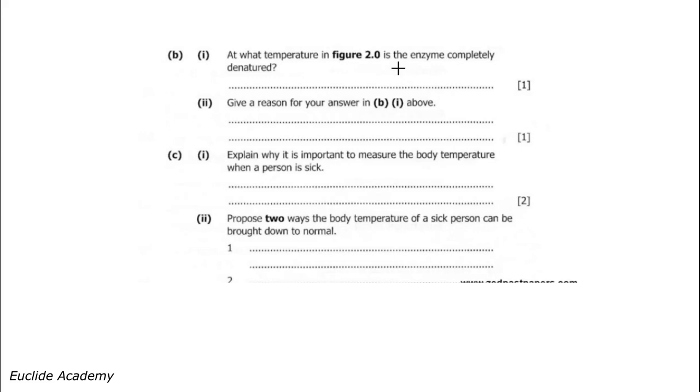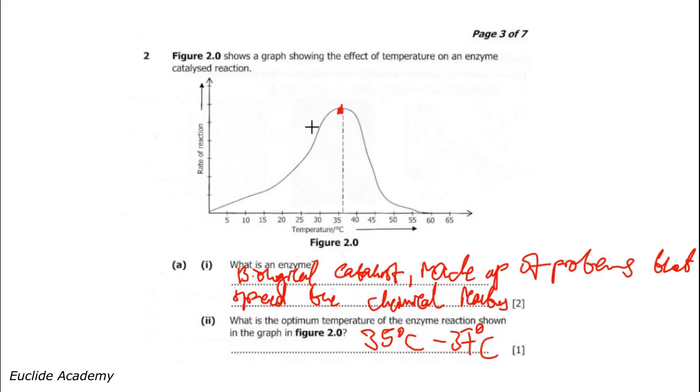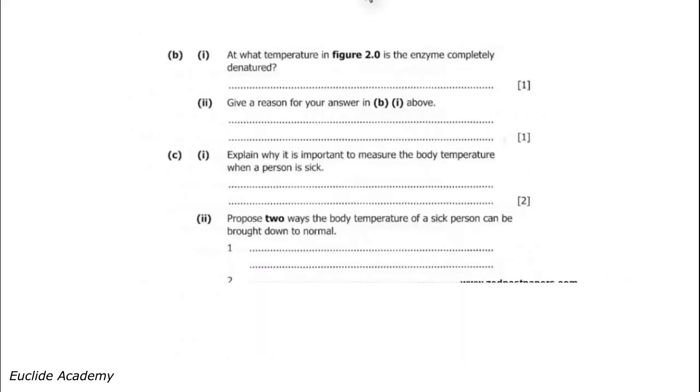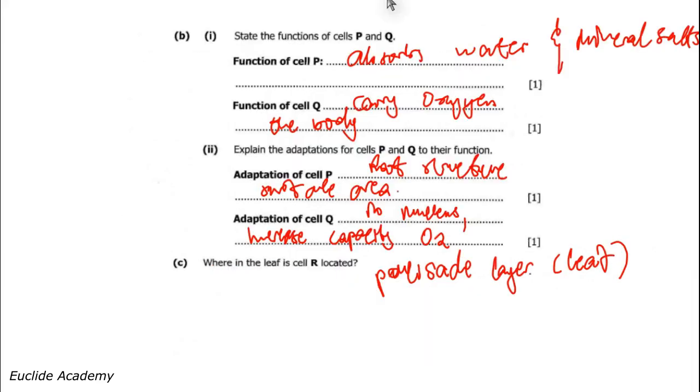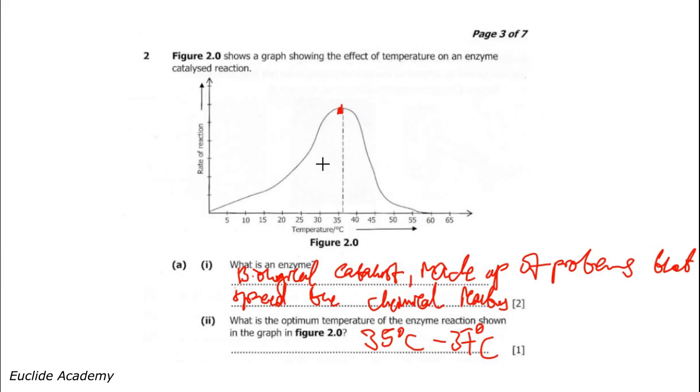B1 says, at what temperature in figure 2.0 is the enzyme completely denatured? When the enzyme is completely denatured, it no longer functions, so we shouldn't see any rate of reaction.